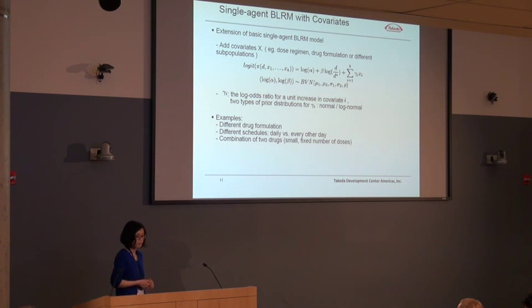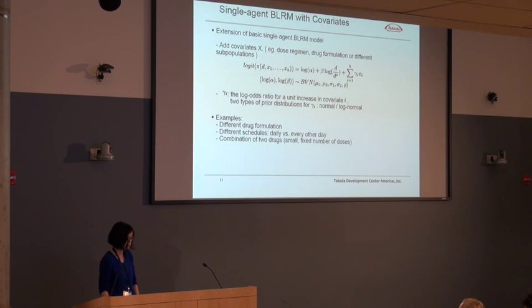An advantage of BLRM is that you can add more covariates to the model. The other parts, the prior and everything, are the same, but you can incorporate different characteristics of your study. For example, if you run a dose escalation trial with drugs of different formulations, you can parameterize the formulation of the drug into your model.